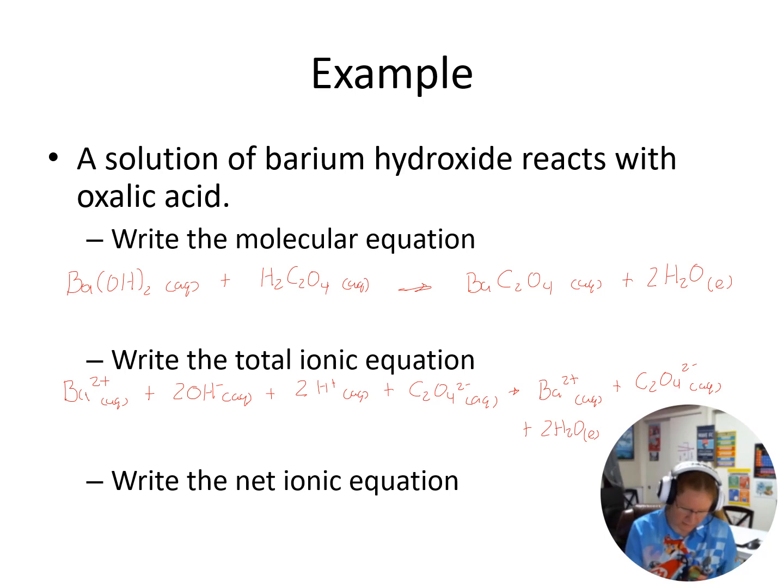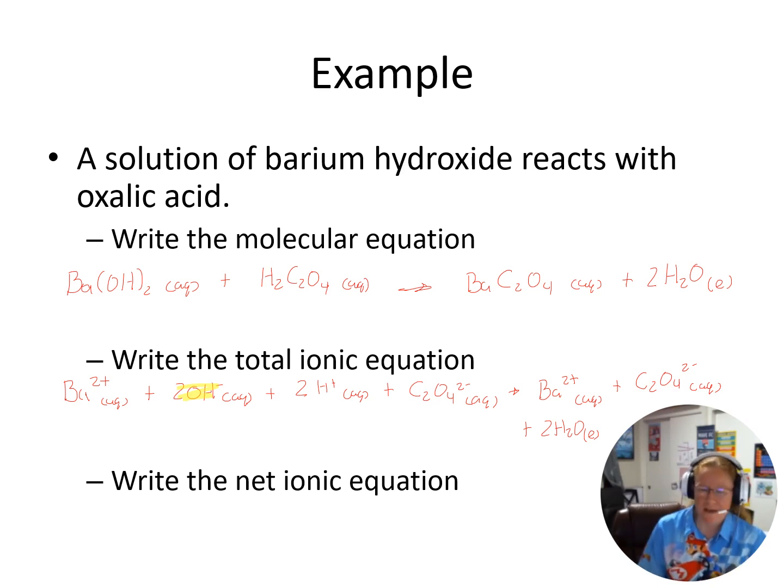Now let's take a look at this. When I look at my reactants and my products, I have to assess what reacted and what was a spectator. If I look at my reactant side, I have a barium ion. If I look at my product side, I still have a barium ion. Barium was a spectator. It didn't do anything. Now, on my reactant side, I have a hydroxide ion. On my product side, I no longer have a hydroxide ion. So I'm going to highlight the hydroxide there.